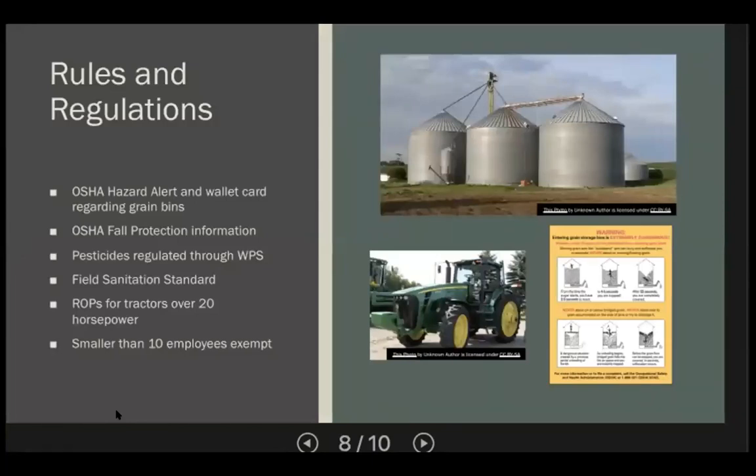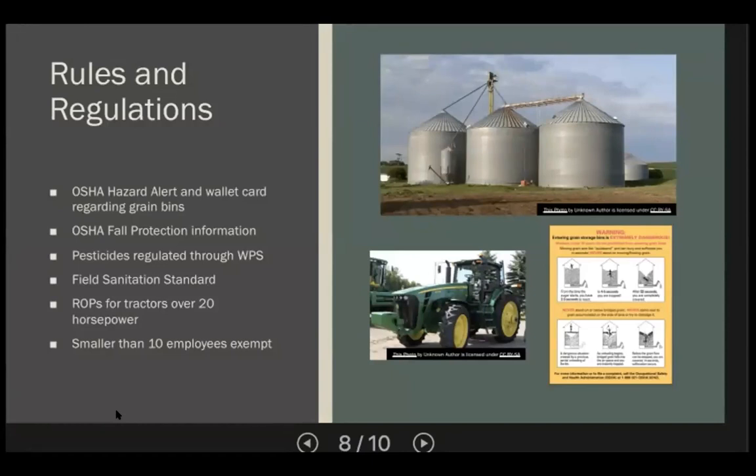So here in the United States, regular OSHA regulations for a safe workplace are required for farms with over 10 employees. But other than that, there are not many agricultural specific rules or regulations. ROPS, which are rollover protective structures, are required now on all tractors built after 1976 that go over 20 horsepower. So that's a step being taken to mitigate the hazards from tractors rolling.